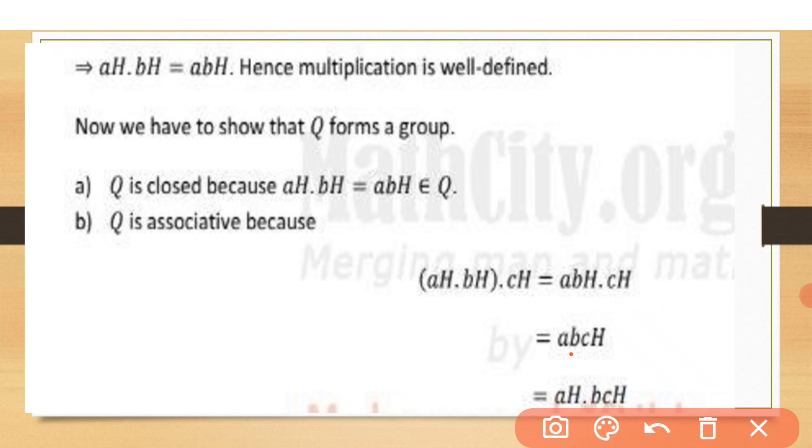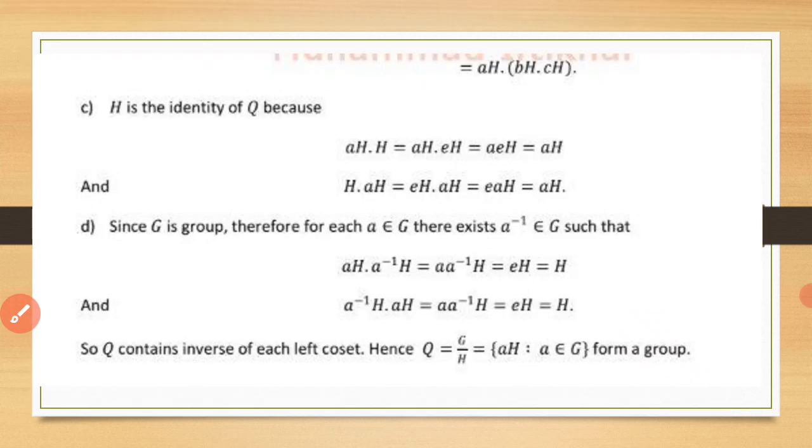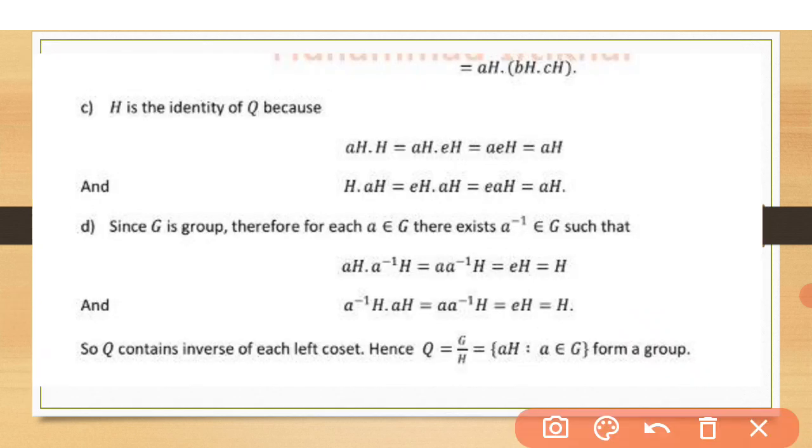So AH dot BCH, again we will divide BC into BH and CH by reversing. So here we proved that AH dot BH dot CH, by changing its brackets, we proved that the associative law holds.